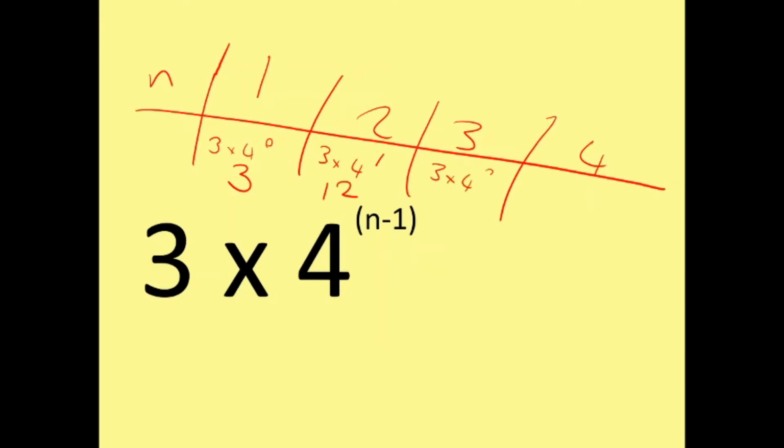And 3 times 4 squared, because 3 minus 1 is 2, which is 4 squared, is 16. And that times by 3 is going to be 48. And next one is going to be 3 times 4 cubed. I'm going to use my calculator for that, which gives me 192. And you've got to notice these get big really quick.